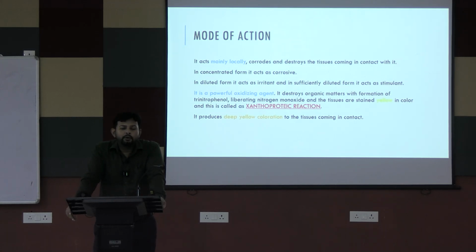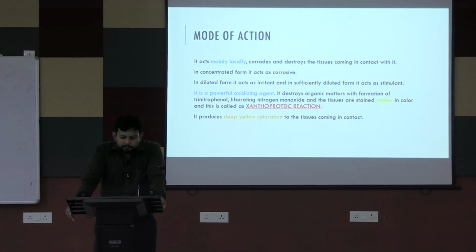What happens is, as it is a powerful oxidizing agent, when the acid comes in contact with the tissue it causes a chemical reaction. There is formation of trinitrophenol and nitrous oxide, and in that process there is yellowish discoloration of the skin or tissue. So xanthoproteic reaction, nitric acid, you have to remember.